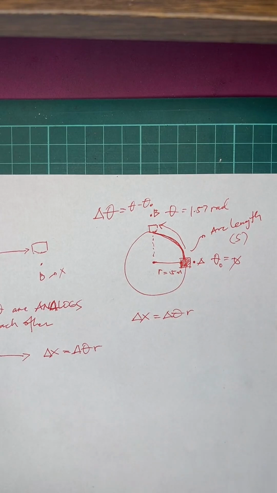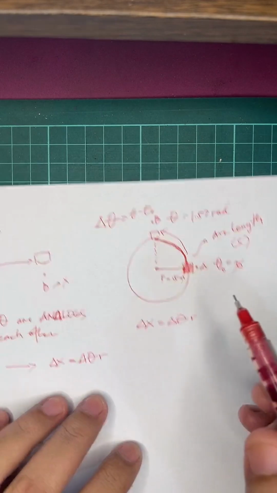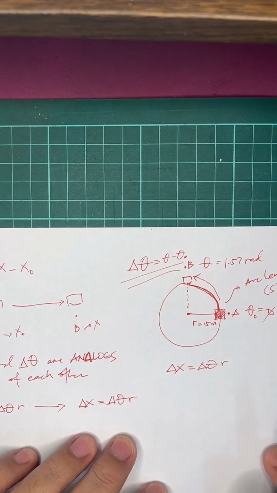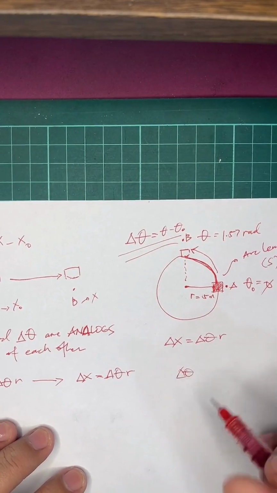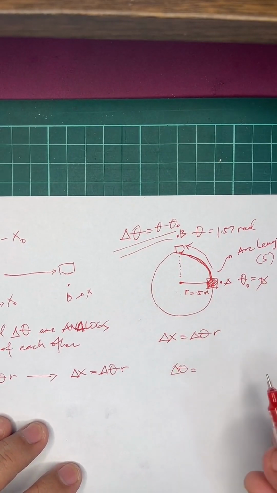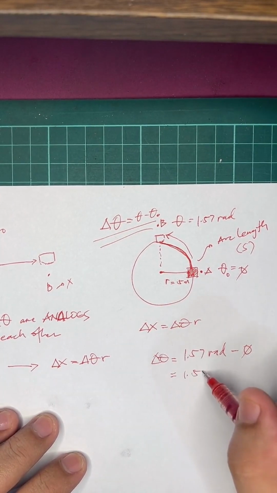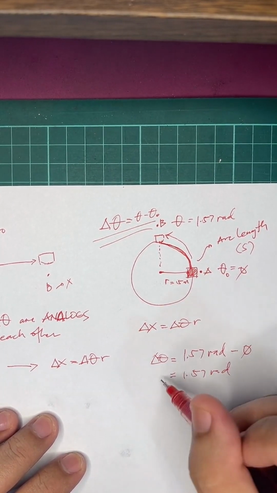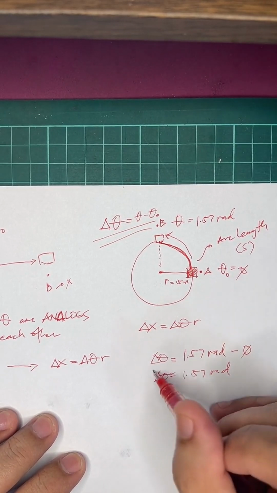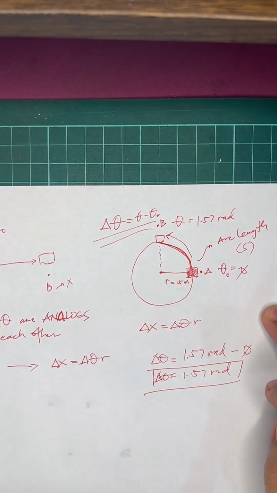For us to determine the linear displacement, we must first calculate the angular displacement given by this equation right here. Delta theta will be equal to 1.57 radians as our delta theta.